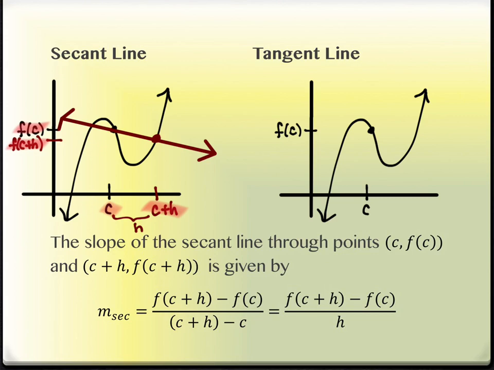Tangent lines. All right. For a tangent line, what happens is we take that same value, f of c plus h, and we move it closer and closer and closer to the value of c. So our first line that we're going to draw will be the same one we started with from before.